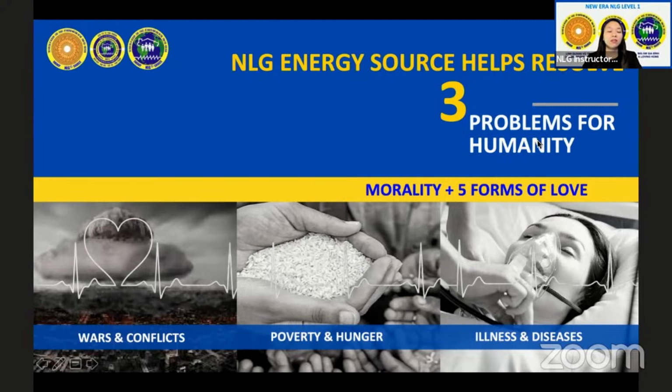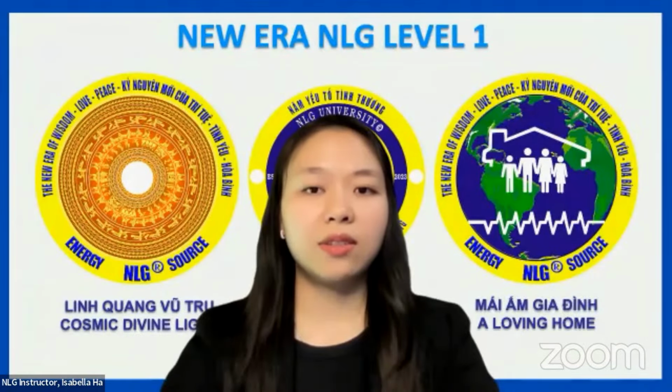And then the second thing, of course, that we need so that we can resolve these 3 challenges is love. Okay, 5 forms of love, and I will change to the next slides so that I can discuss more with you about the 5 forms of love.